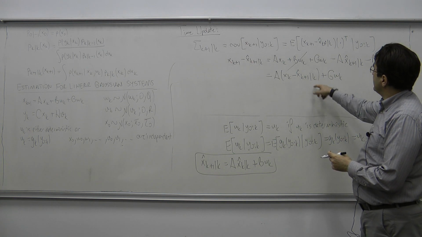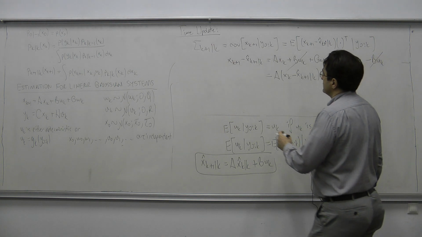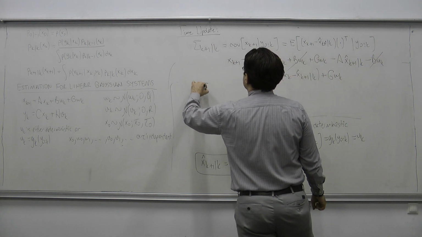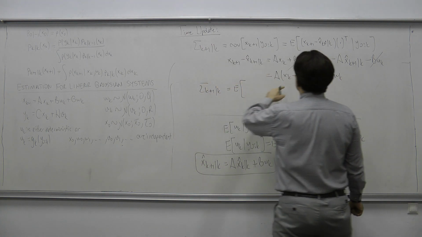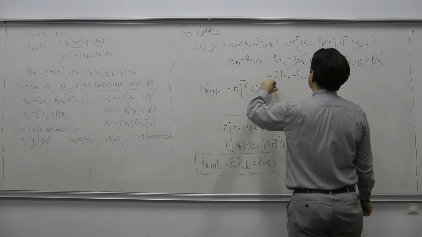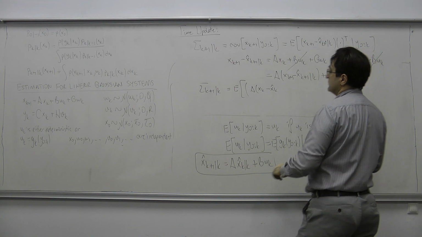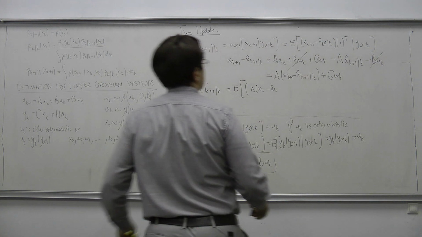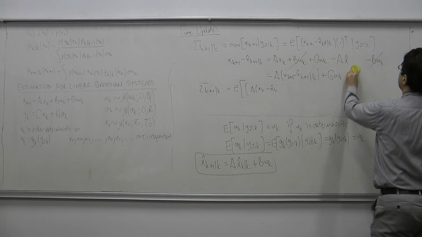But we have done something very similar in the case of the measurement update. Let us write this. Sigma k plus 1 given k is equal to the expected value of this thing, A xk minus, sorry, this is xk plus 1. No, I am not making any sense here. Yes, I have found my mistake here.